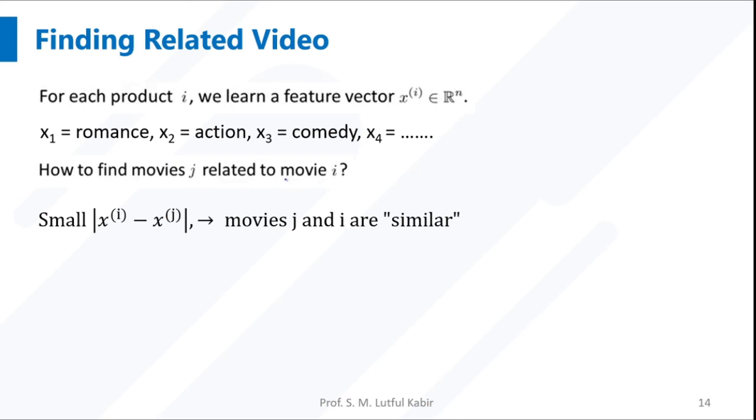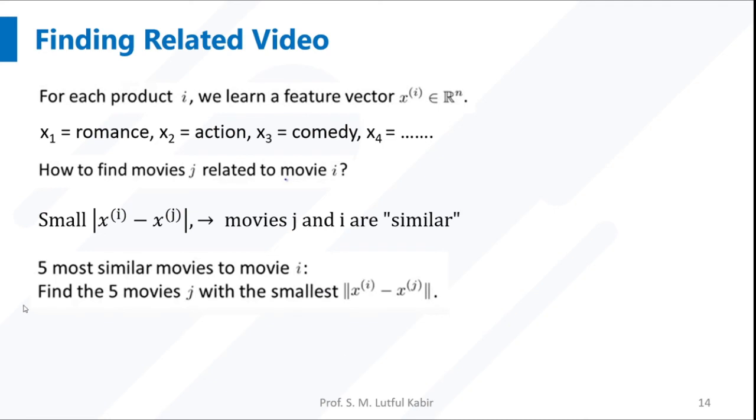That means they are very similar. If you want to find the five most similar movies to movie i, find the five movies j with the smallest value of xi minus xj. You take the smallest one, which is very close to movie i, then the next closest one, which is another similar movie, and so on in order. You calculate the smallest values, and then you can say these are the movies which are similar to movie i.